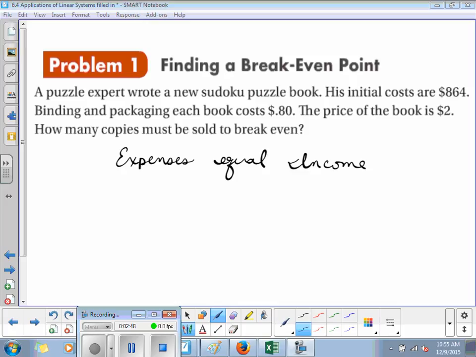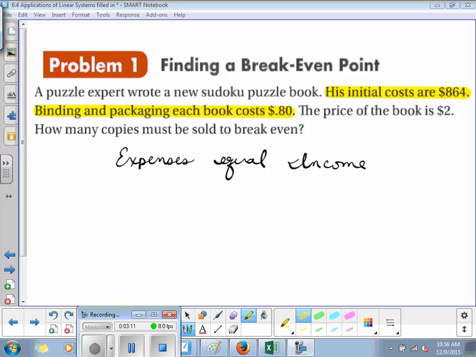What are the expenses in the word problem? Right. His initial costs are $864. And the binding and packaging cost 80 cents each. What does each mean in math? Multiplication. Very good.